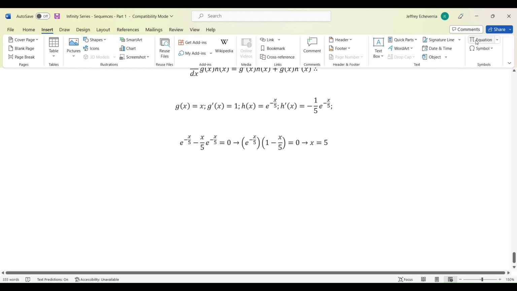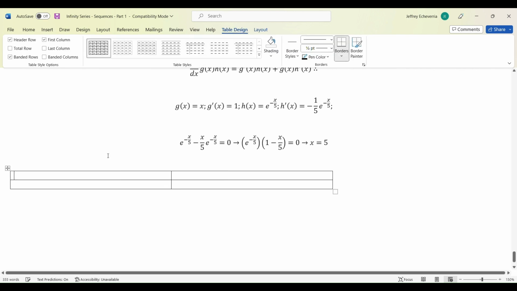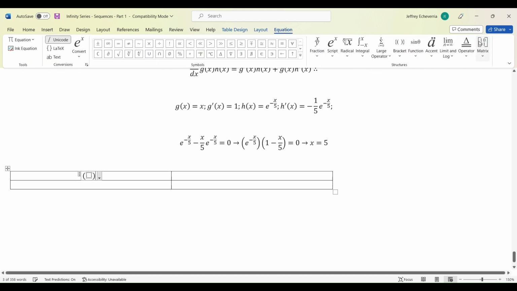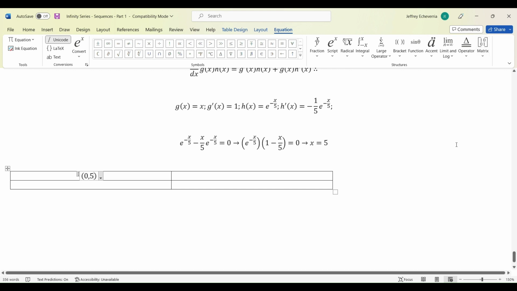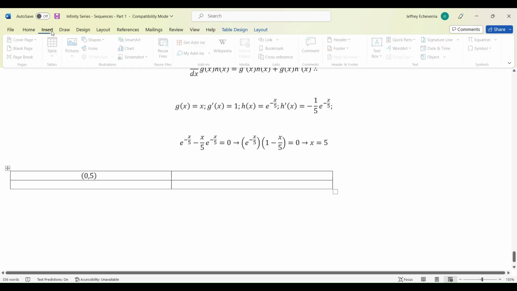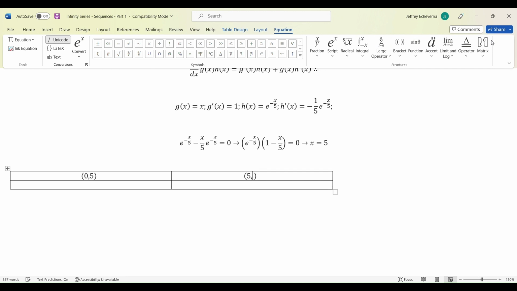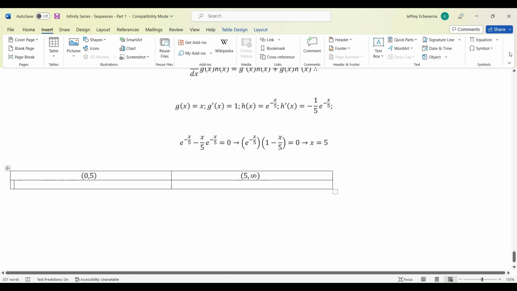So now let's make a little box here. From the domain we're given, which is 0 to 5, and then finally from 5 to infinity. So let's choose a number between 0 and 5.